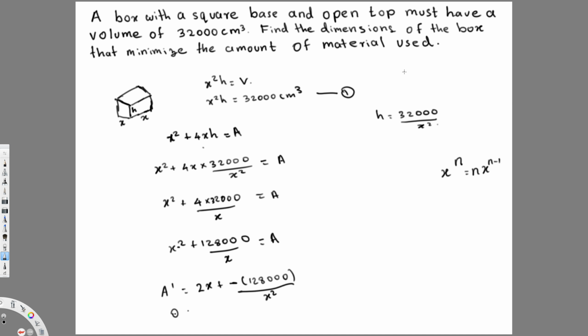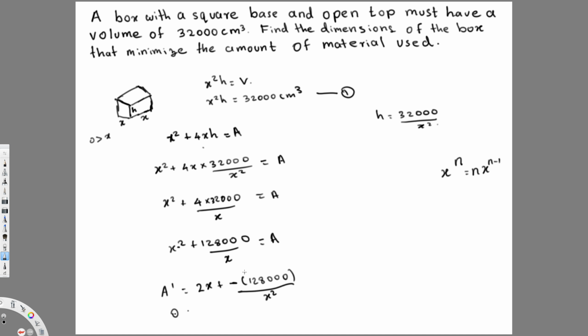However, we are not going to use it, because the dimension should always be greater than 0. You can't have a dimension that is negative, and it can't be equal to 0. Since this is greater than 0, this critical number is not in the domain.